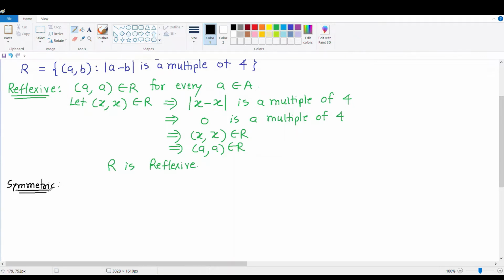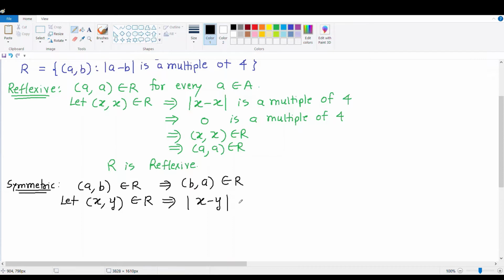Now we are going to start with symmetric. The definition of a symmetric relation is that if (a, b) belongs to R, then (b, a) must belong to R. Let (x, y) belong to R. If (x, y) belongs to R, that means mod of x minus y is a multiple of 4.